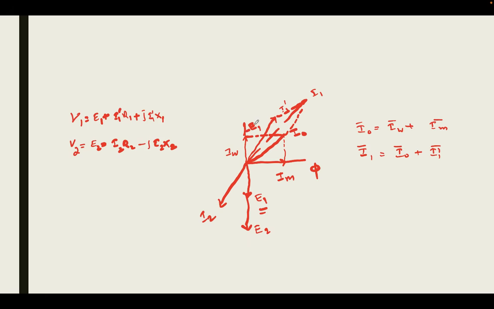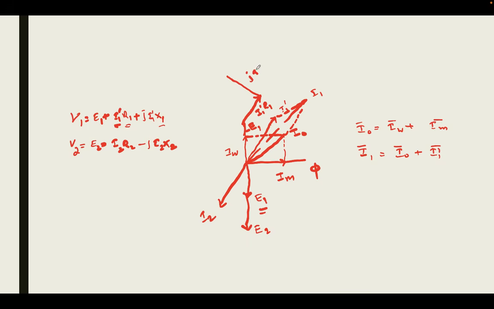The voltage drop in resistance R1 due to current I1 dash will be in the same phase with I1 dash. This is I1 dash R1, and these two vectors are parallel. Now, the other component, I1 dash X1, will be at 90 degrees with this resistive drop.